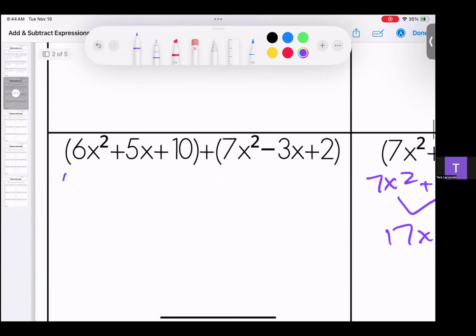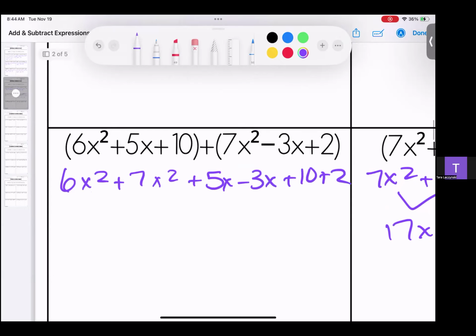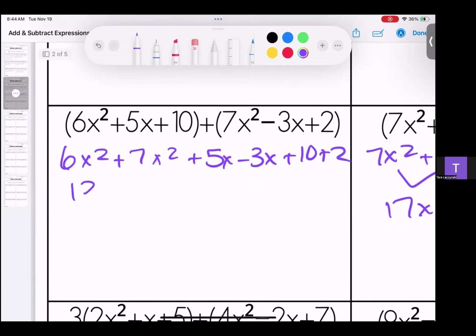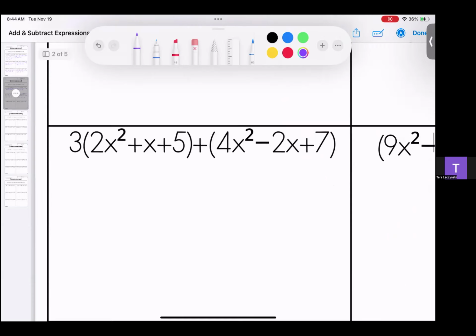Here, nothing to share, so 6x squared plus 7x squared plus 5x minus 3x plus 10 plus 2, putting like and like together. 6 and 7 is 13x squared. 5 minus 3 is 2x. Bigger number is positive. 10 and 2 is 12.